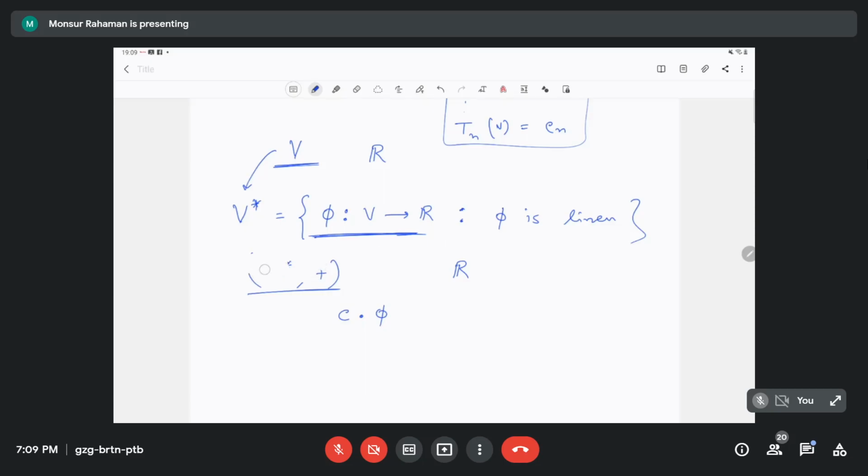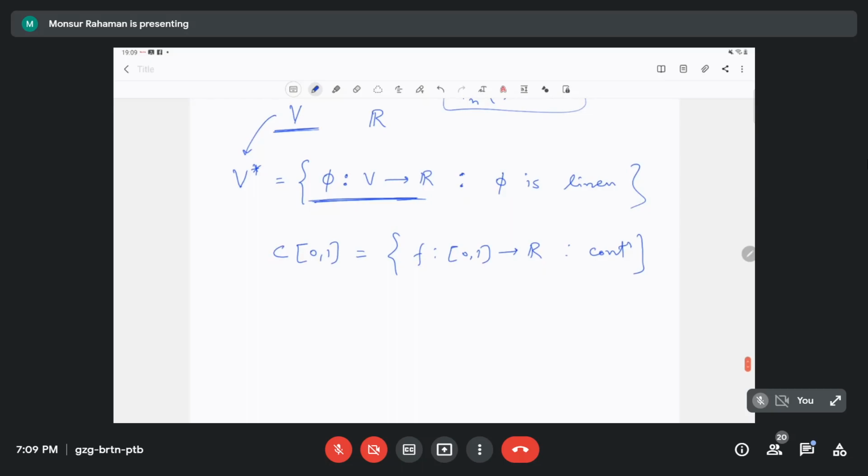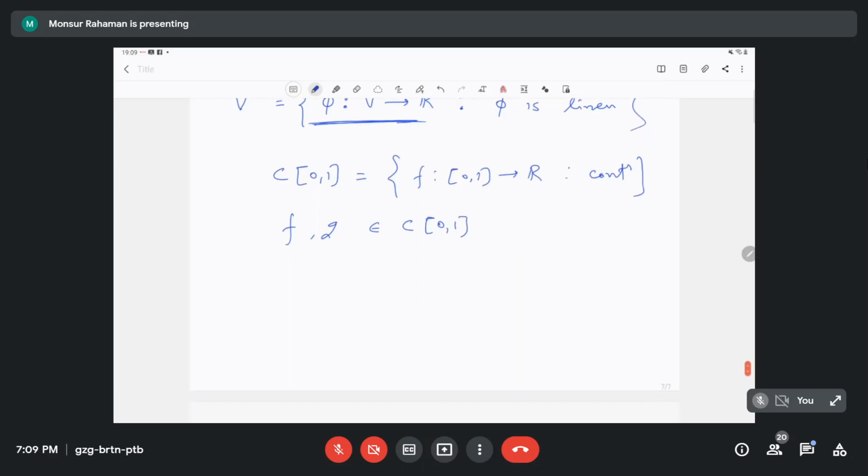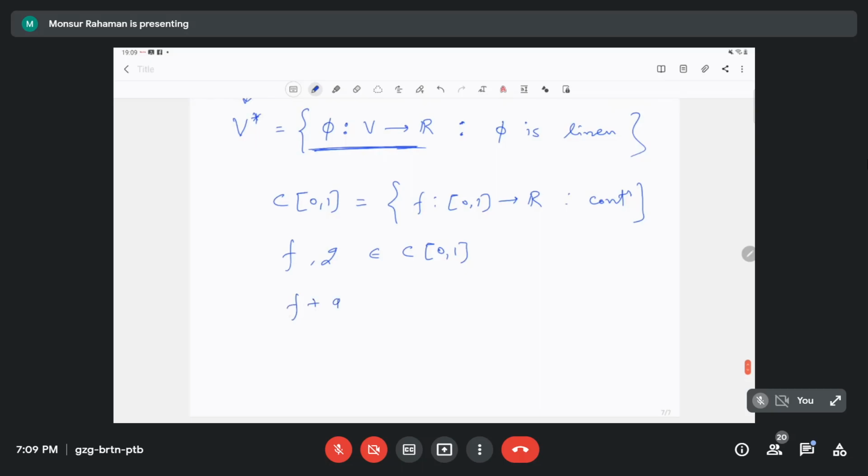I have already told you that if you take C[0,1], all continuous functions from the closed interval [0,1] to R, this will also form a vector space. And how the addition is defined: if you take two functions, or you can call them vectors, from C[0,1], you can add them, f plus g.